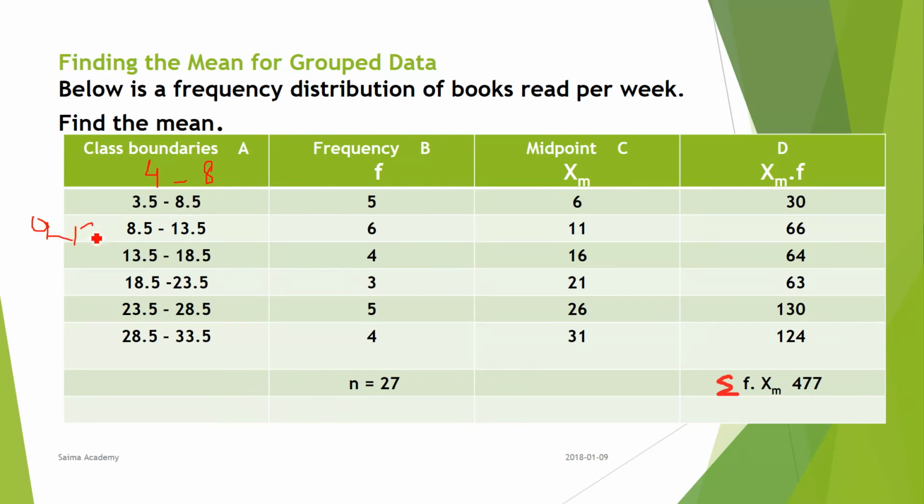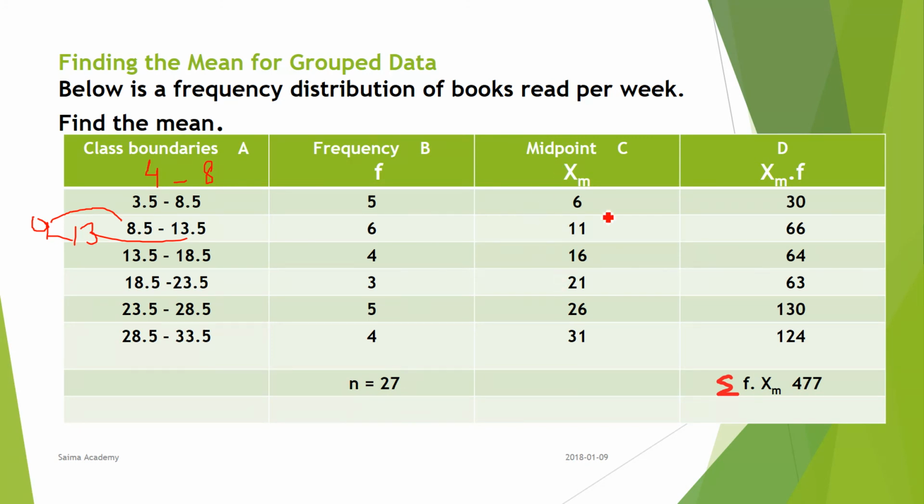So the class boundary is 0.5 minus from 9, it will be 8.5, and then add here, it will be 13.5. So if you have group data, then you have to write down the boundaries. And then you assign the frequency, that this group has read 5 books, this group has read 6 books, right? This is also available in the data in the question, so it will be very easy for you. But the total number of books is 27. Out of 27, this group has read 4 books, and so on.